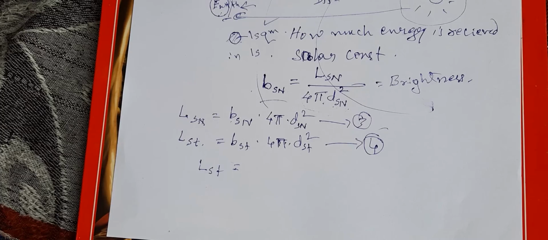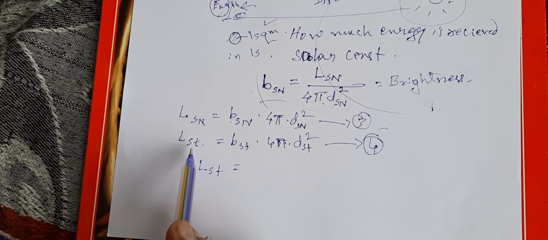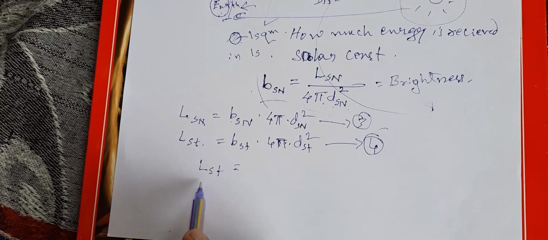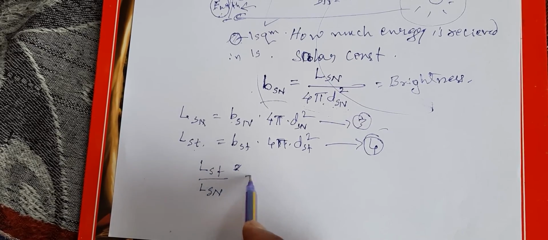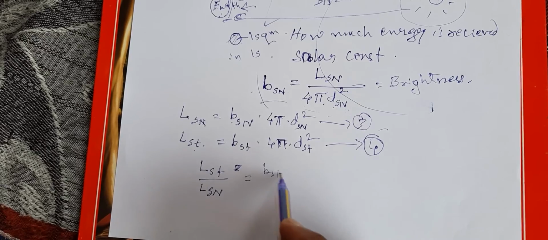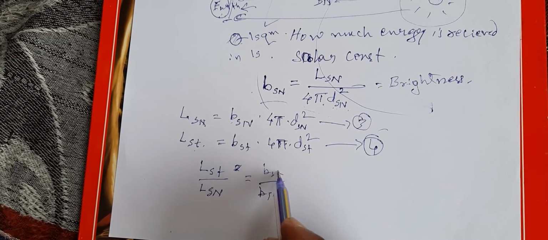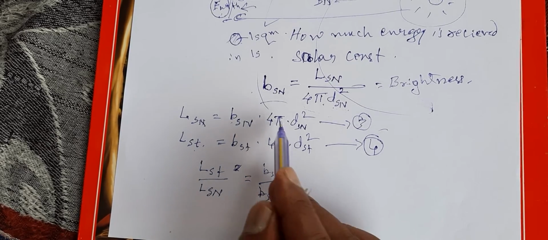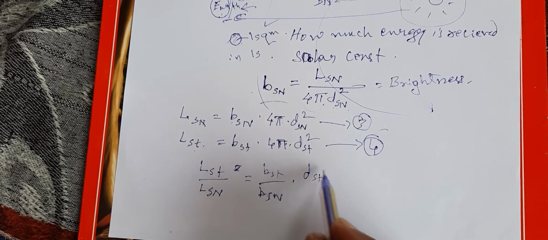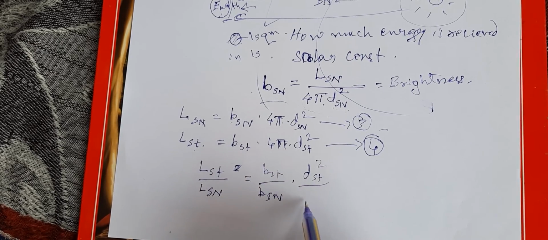L star divided by L sun is equal to B star divided by B sun, the brightness of the star divided by the brightness of the sun on earth, into 4 pi gets cancelled, D star, the distance of the star from the earth, and D sun, the distance of the sun from the earth. You can together take a square, both are squares.